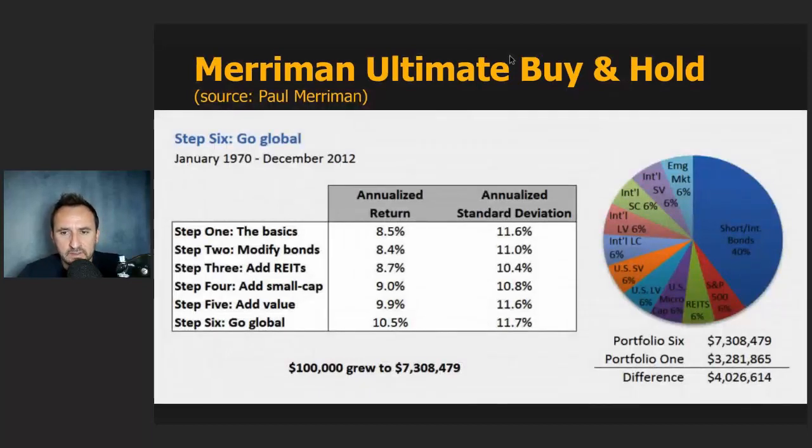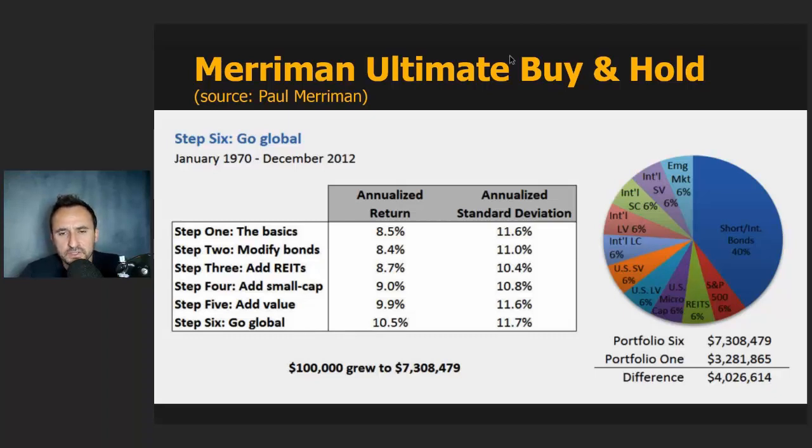And here's the picture I took from Paul Merriman's website, where he shows, let's say, 6 steps on how to build a better portfolio. He's simulating the portfolio on the data from 1970 to December 2012.